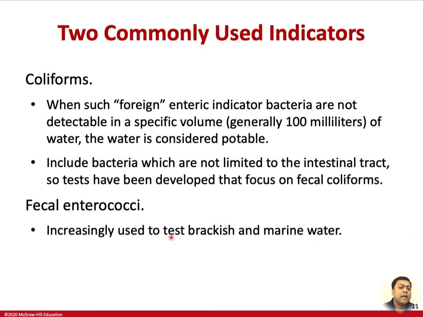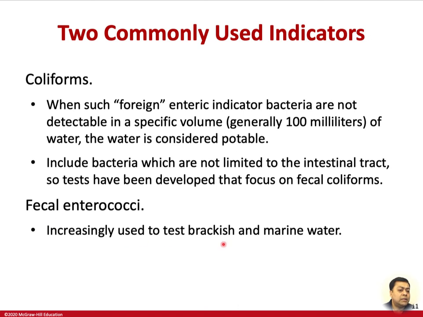Just giving you an example. Sometimes when you go to the beach, usually after a heavy rainfall, you may see a flag on the beach which says the water is not safe for swimming. What does that mean? That means that the particular municipality actually checked that marine water, and due to the rain, an excess amount of these fecal enterococci drained from the land into that brackish or marine water, and it contains an unusually high amount of these particular enterococci, a group of organisms, and due to that it is not safe for swimmers.